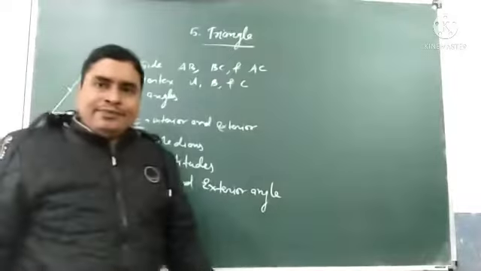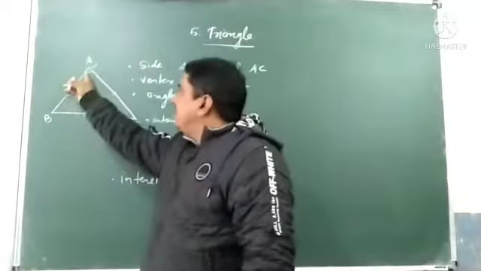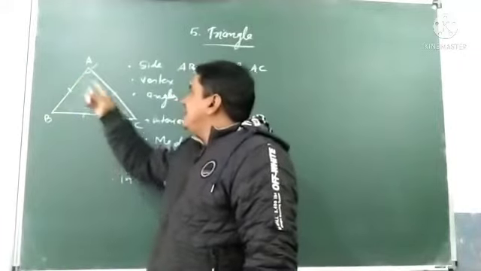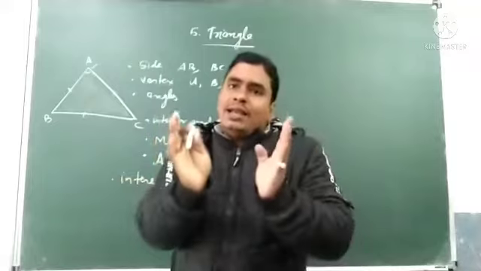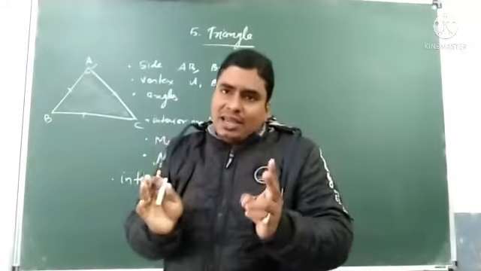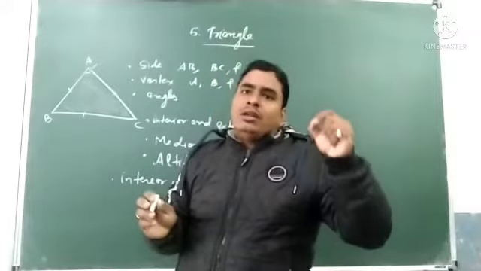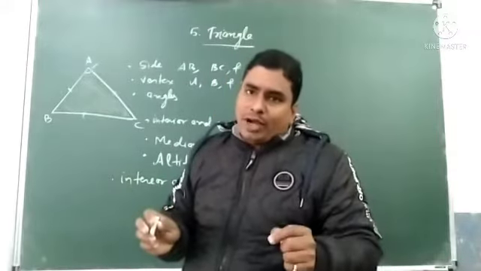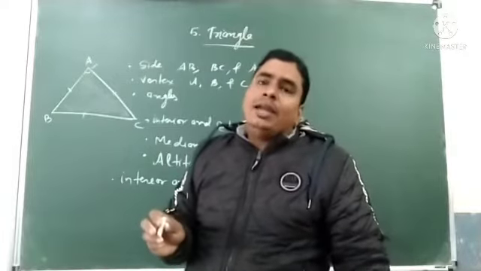Okay? Angles. A triangle is made by three lines, so here AB, BC and AC are sides. So what are the angles? An angle is made by two lines. If two lines have a common starting point, then they will form an angle.